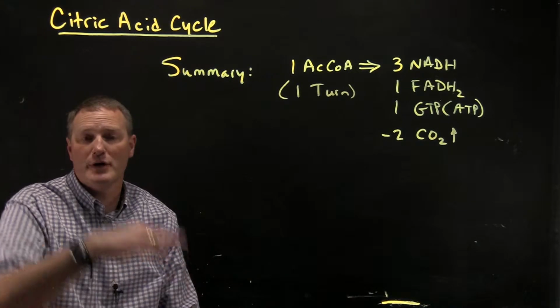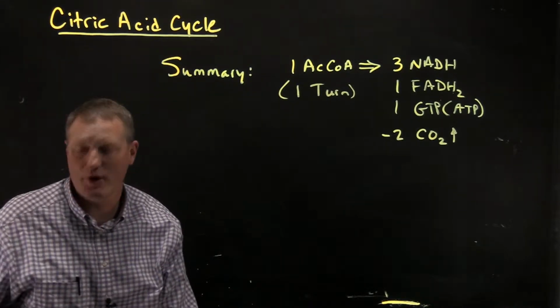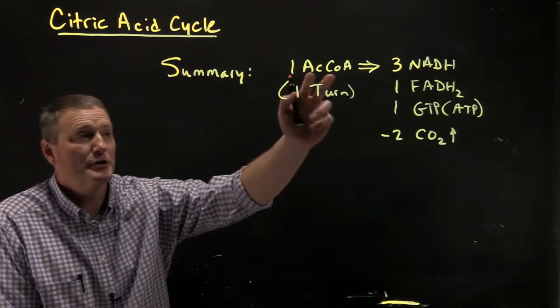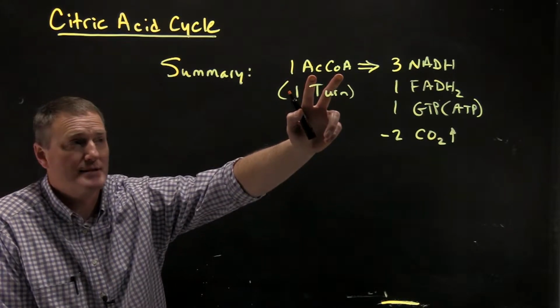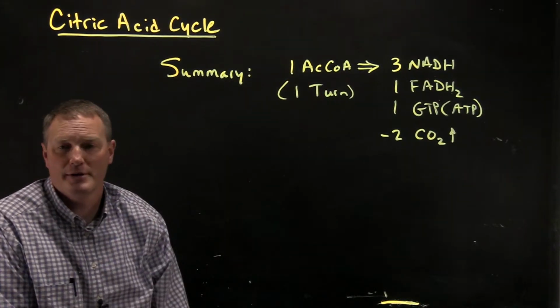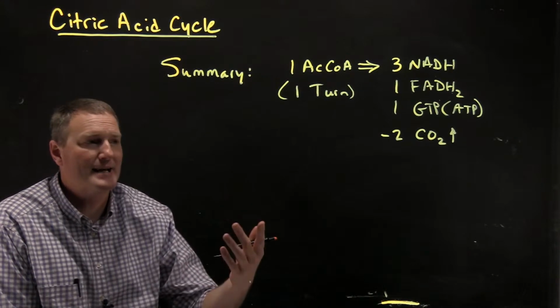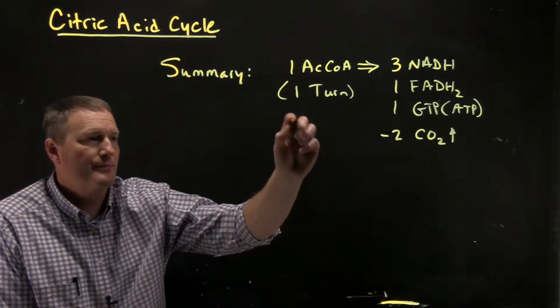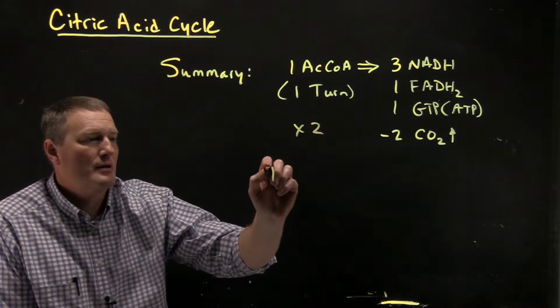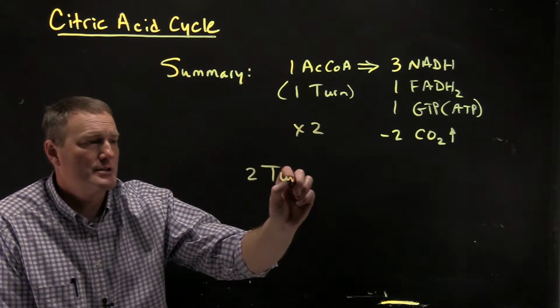However, if we trace this all the way back to glucose, recall that glucose ultimately gave rise to 2 acetyl-CoAs. So in order for the carbons of glucose to be completely oxidized, we have to do 2 turns. So we're going to just list out 2 turns.